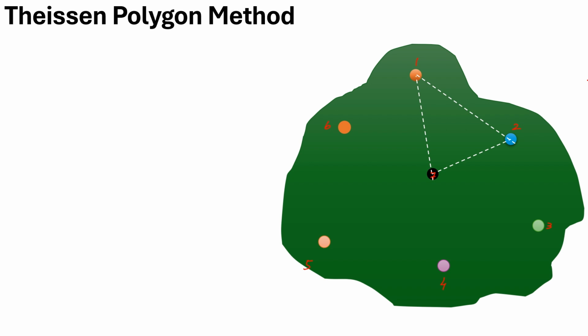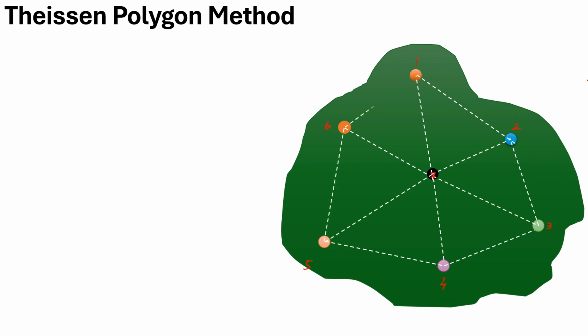Here we have connected stations 1, 2, and 7 with a triangle. Then we will draw a line between 2 and 3 and 3 and 7. We have made another triangle, then 3 and 4 and 4 and 7, another triangle, 4, 5 and 5, 7, another triangle, 7, 6 and 6, 5, another triangle, and from 6 to 1 there is another triangle.